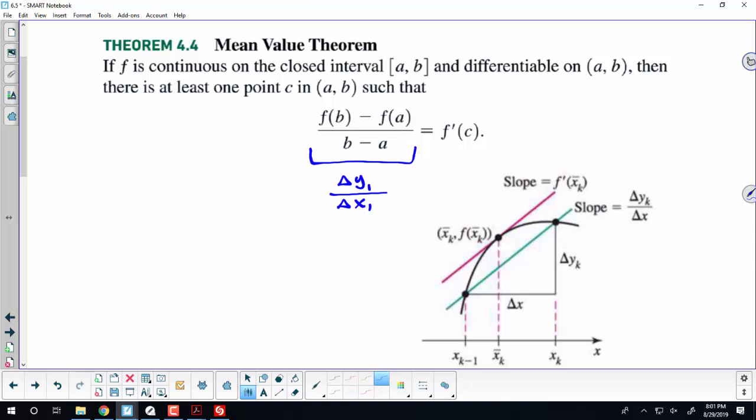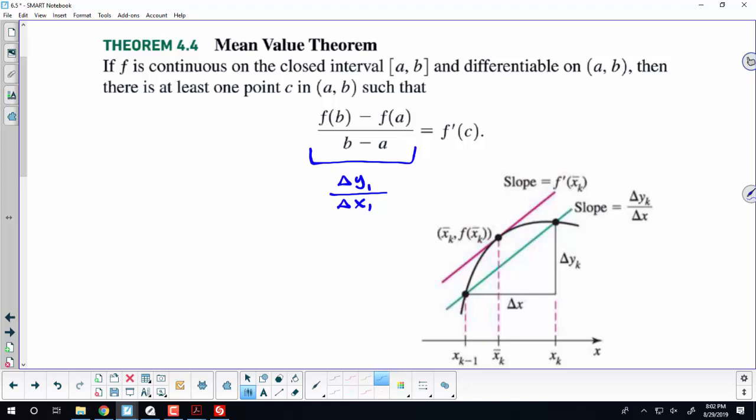So that's just a slope. What it says is somewhere inside those two endpoints, we closed it off, the slope of that particular line, at some value x is equal to the derivative at that particular value.